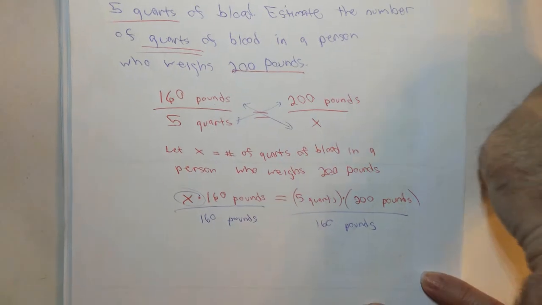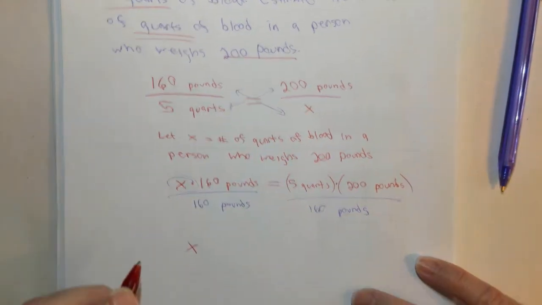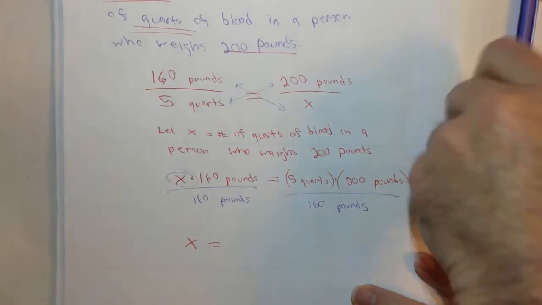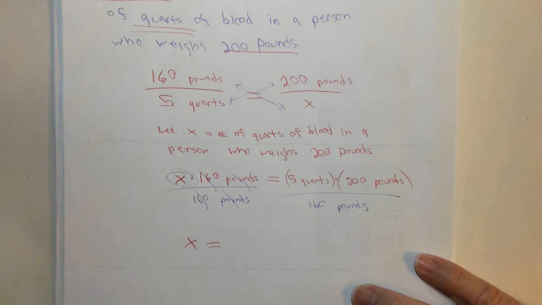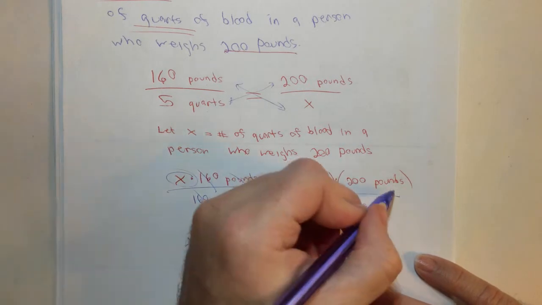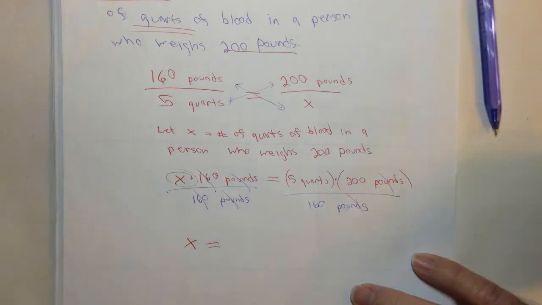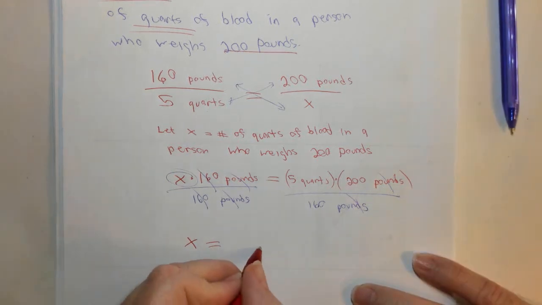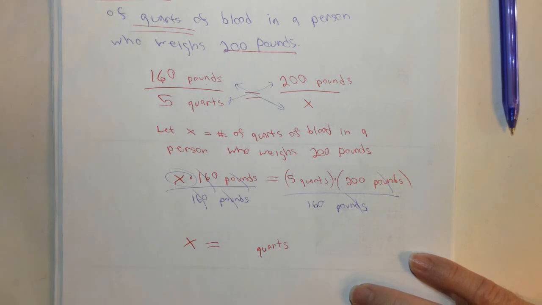All right. So on the left side, I only have an x left. The 160 canceled, the pounds canceled. Over here, my pounds cancel, and I'm only left with quarts. So I do have this fraction. I guess I could write the fraction out.